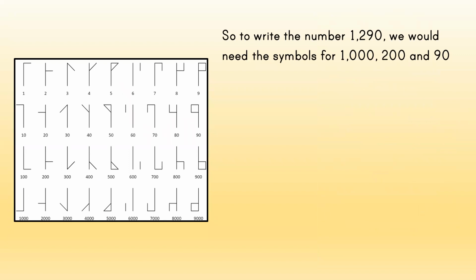So to write the number 1,290, we would need the symbols for 1,000, 200, and 90. And what the Cistercian monks realized was that they could combine those symbols to create the number. So here you can see that for 1,290, all of those symbols are overlaid to create the number 1,290.